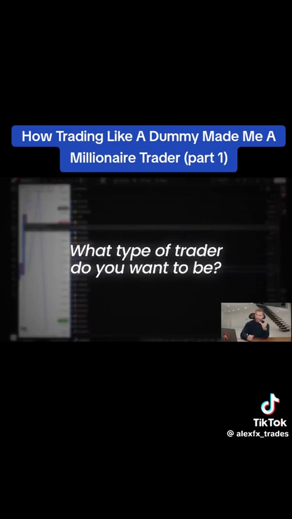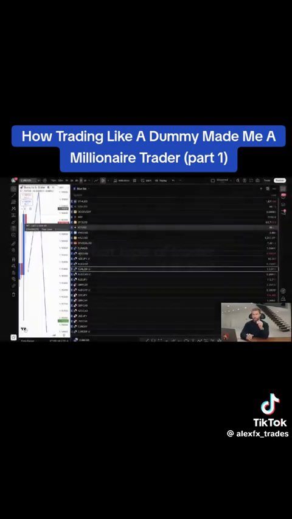You want to be a higher time frame trader? Want to be a lower time frame trader? You want to have very volatile moves that are influenced by the fundamentals? Would you rather have moves that just move based off of patterns and what you're seeing in the chart in front of you? For me personally, what makes the most sense is trading off of patterns that are happening right in front of you and not having anything external influence significantly my trade.